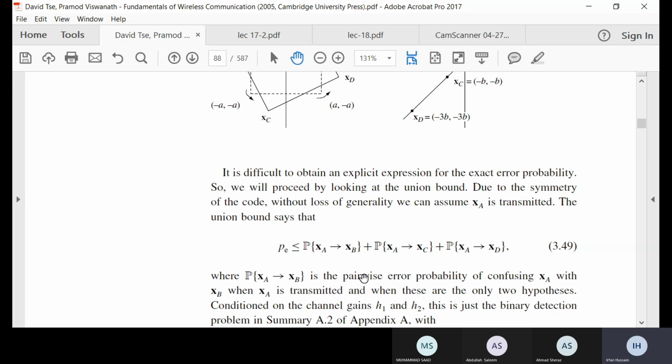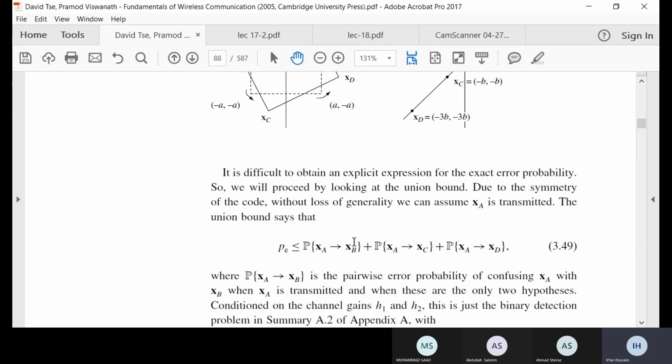Just find the probability of error from these 2. Now we actually know that XA was sent. So error could be that either XA is confused with XB, XA is confused with XC, or XA is confused with XD.